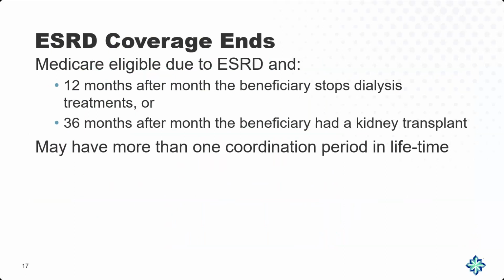The one part that does not is the anti-rejection drugs, but that's not paid through us. That's paid through a prescription drug plan. If for whatever reason the patient chooses to stop dialysis, they are given 12 months more of Medicare eligibility, but then that will also terminate the coverage. So when you look at Medicare eligibility and you're like, they did have coverage, but they don't right now, one of these situations did apply.